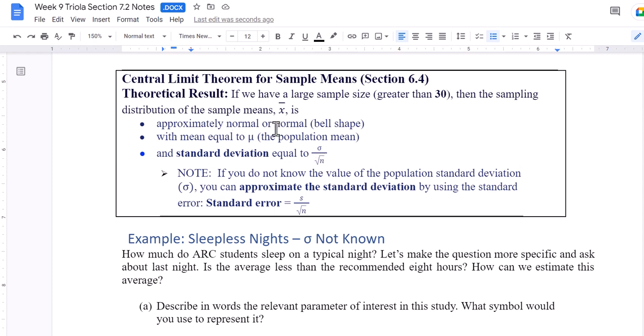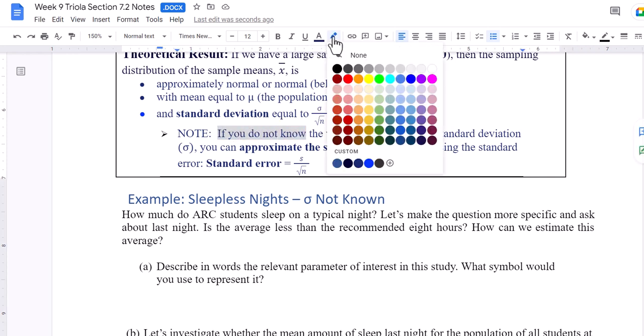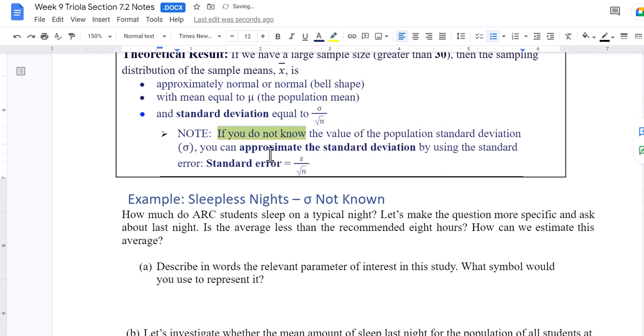And the means are the same: the mean of the sampling distribution is the same as the population mean. And when we don't know the value of the population standard deviation, then we use the sample standard deviation s divided by the square root of n.